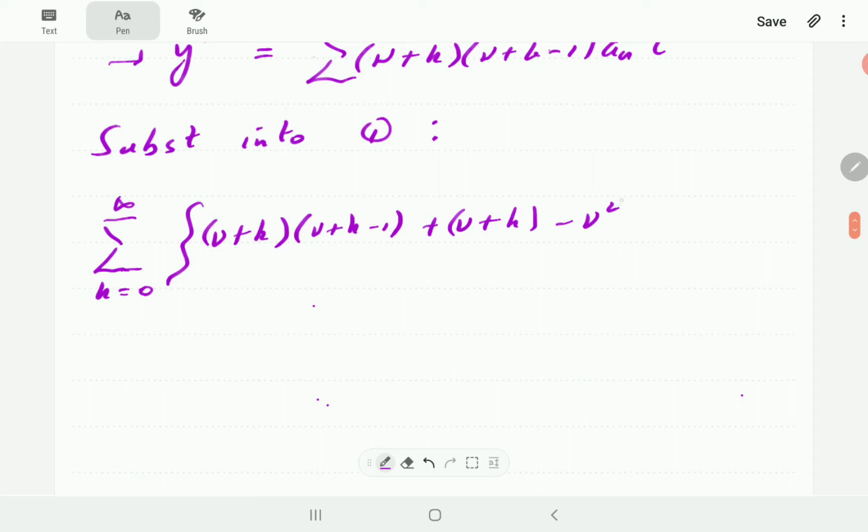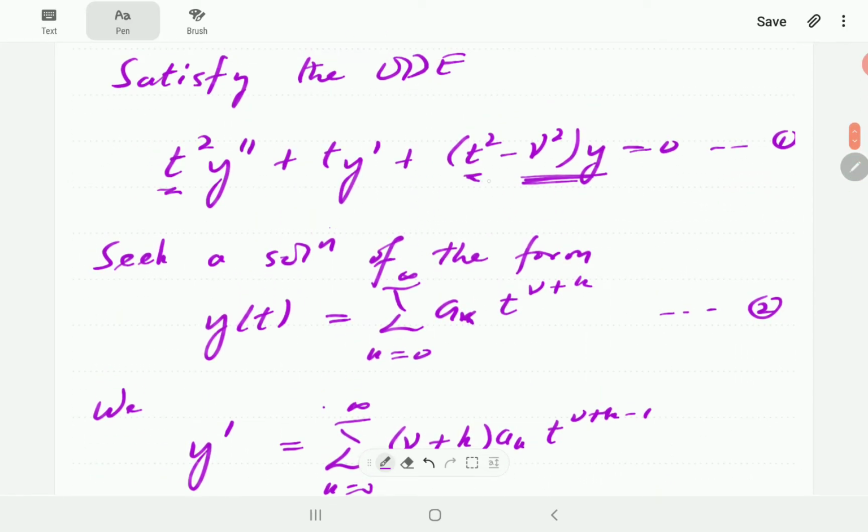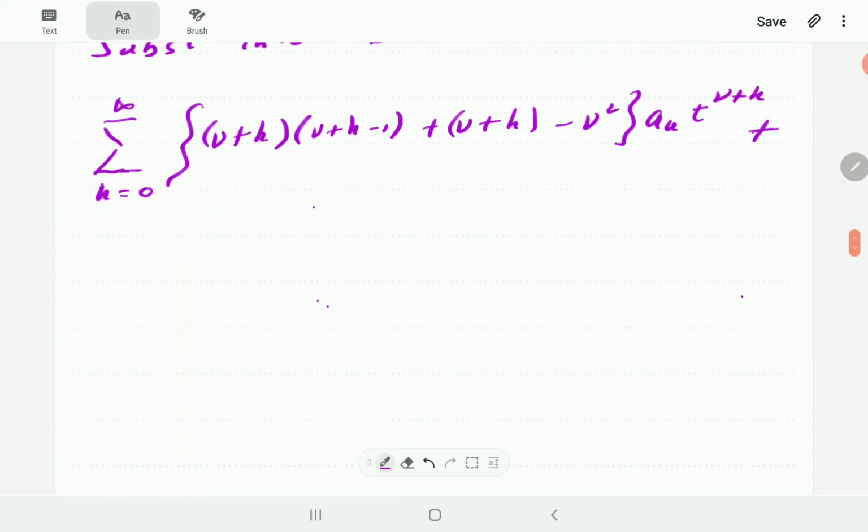So minus nu squared, and then everything here is multiplied by a_k times t to the power nu plus k. And there is one more term here, which is t squared times y. That term is going to give us the summation of a_k t to the power nu plus k plus 2, and then we're going to have 0 on the other side.